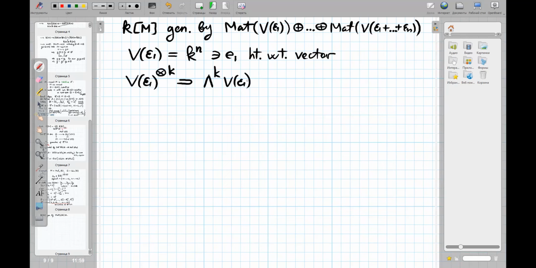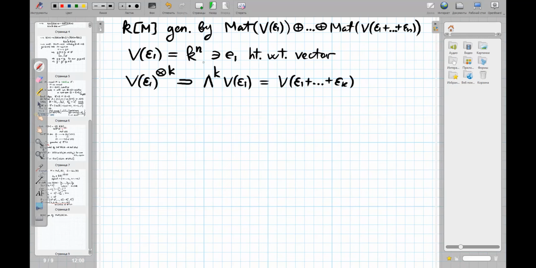And this kth wedge power is actually an irreducible representation of highest weight epsilon 1 plus etc. plus epsilon k.